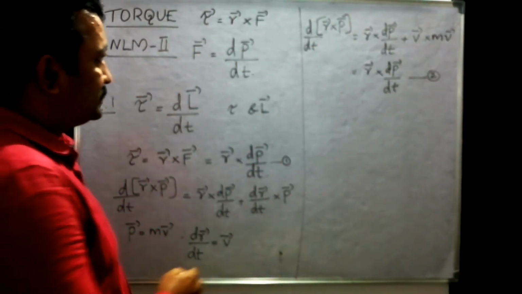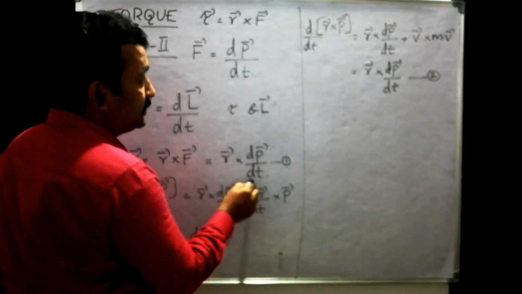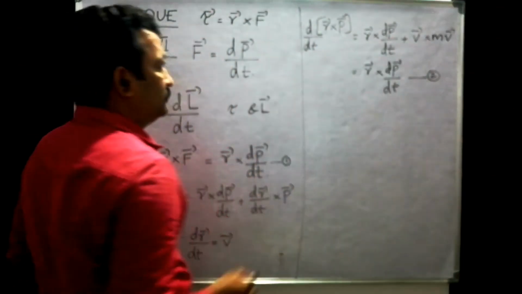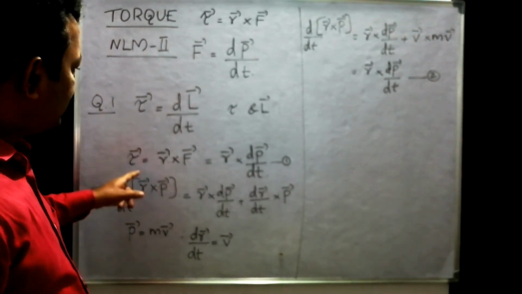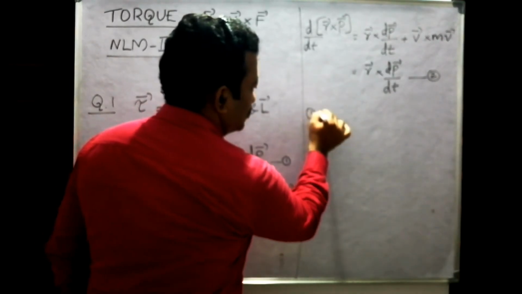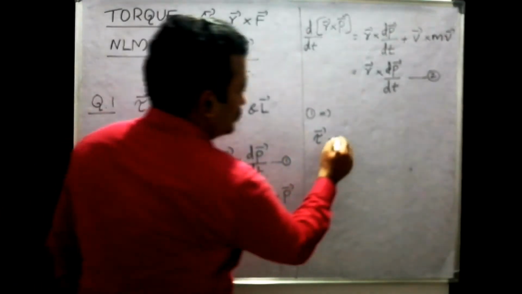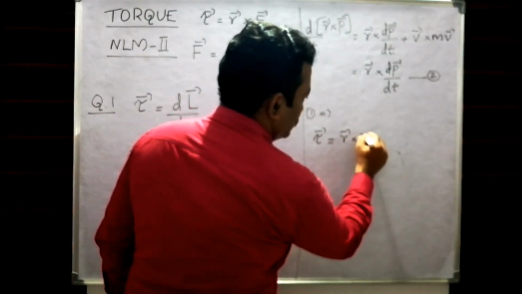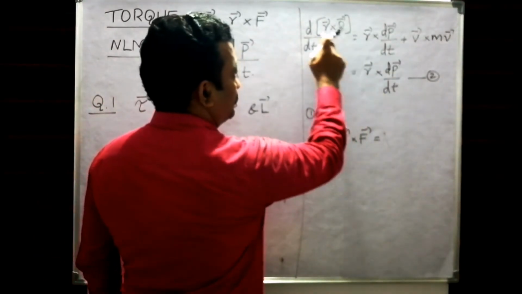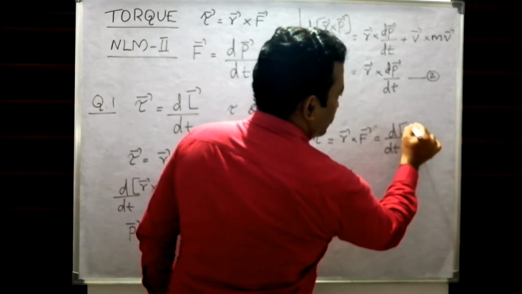So compare equation 1 and 2. r cross dp by dt is equal to d by dt of r cross p. So I can substitute that one over here. So my equation 1 becomes torque tau is equal to r cross F is equal to r cross dp by dt. r cross dp by dt is d by dt of r cross p.